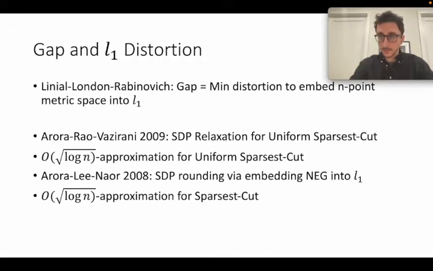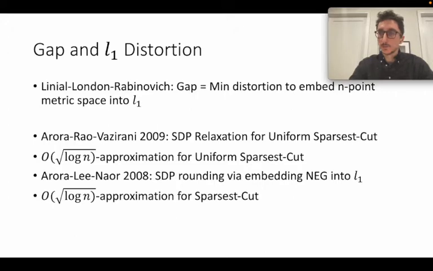toolbox of algorithm designers. Now, let me also mention that this line of research has been extended to rounding semi-definite programming relaxations for the Sparsest-Cut problem. The first people who managed to do this were Arora, Rao and Vazirani, who got a square root log n approximation for uniform Sparsest-Cut.